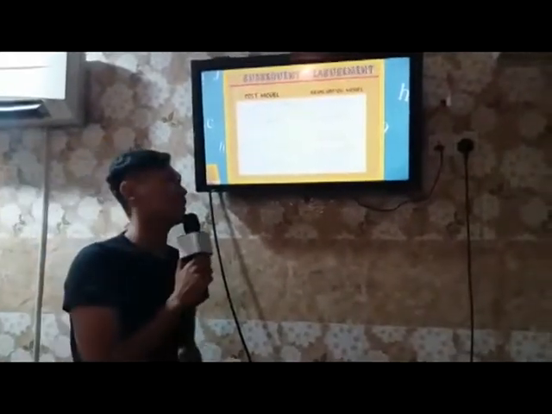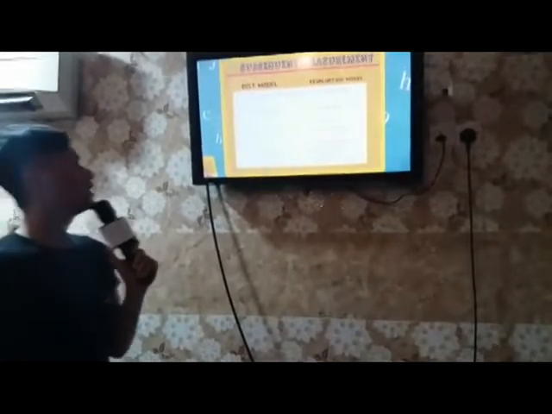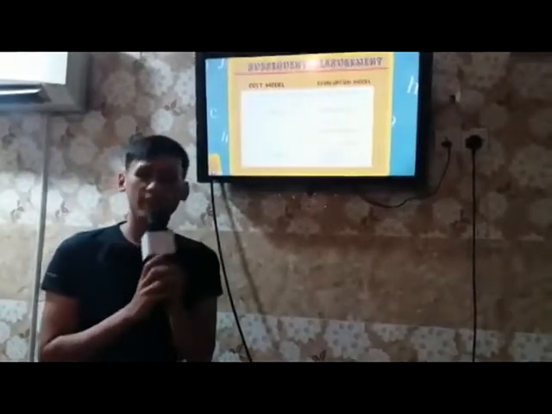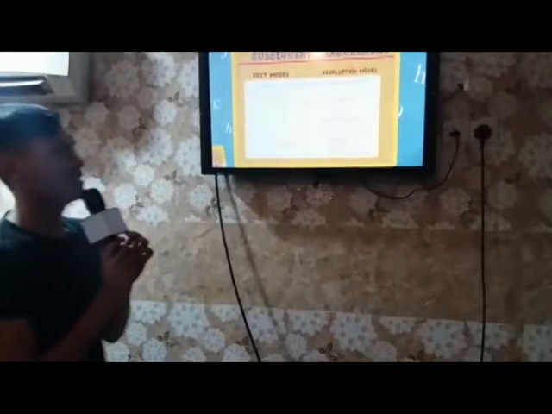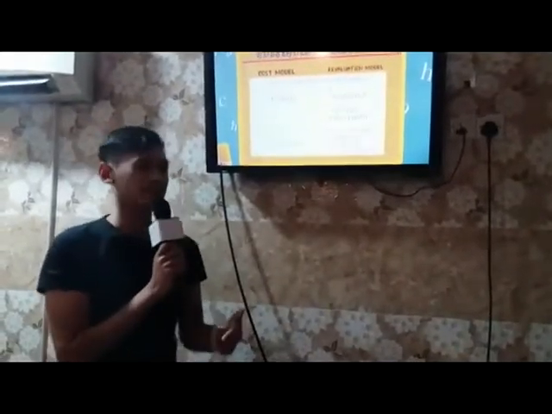The cost model is cost minus accumulated amortization minus accumulated impairment losses. The revaluation model revalues to fair value. If we compare fair value versus carrying amount, we get either a surplus or a deficit.